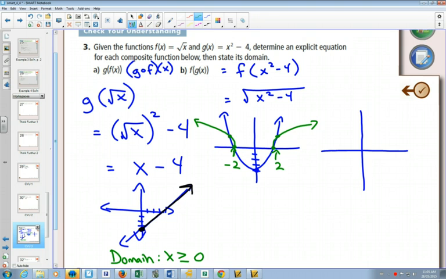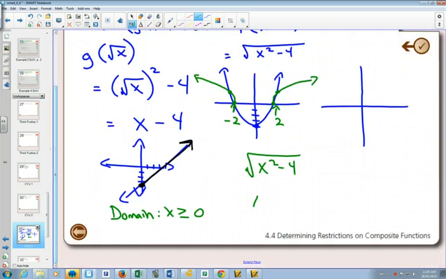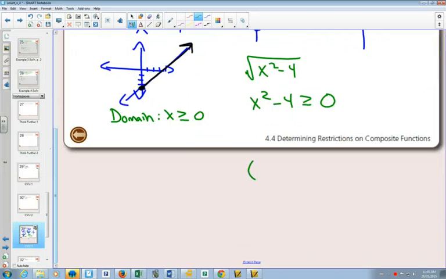Let's say you're not good at graphing square root graphs and you're not feeling super confident about this. What we saw at the beginning of this unit is if I have the square root of something, we know that the square root of something has to be a positive number, or bigger than or equal to 0. So if we tried to solve when is x squared minus 4 bigger than or equal to 0? Well, this goes back to grade 11. First of all, if we made it equal to 0 and factored it, you would find out that x is equal to 2 and x is equal to negative 2.